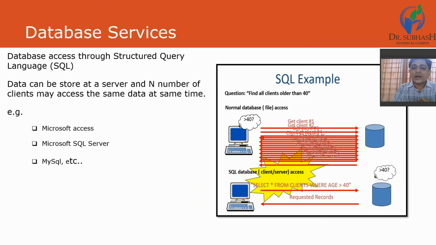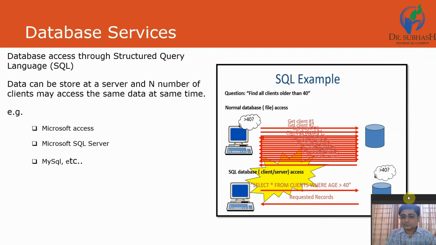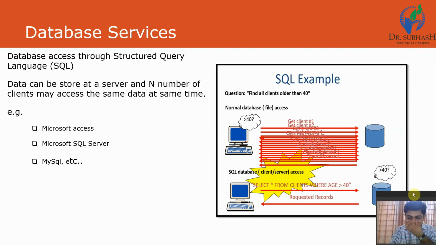Another service provided by the network is the database service. This service is quite easy and more useful for all institutions, organizations, as well as corporates. Without data storing, we cannot perform a single task, right?